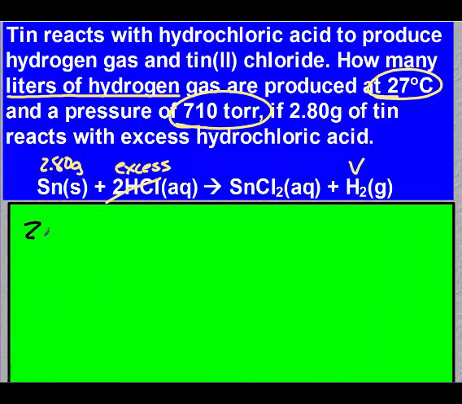So we start with our reactant, in this case, tin. Our whole goal is to get that reactant to moles. Well, it's much easier to get it to moles when you're given grams. From the periodic table, you can get the molar mass of tin. So tin's molar mass is 118.71 grams.